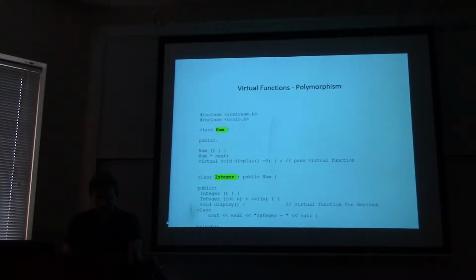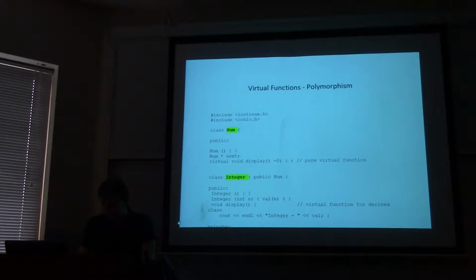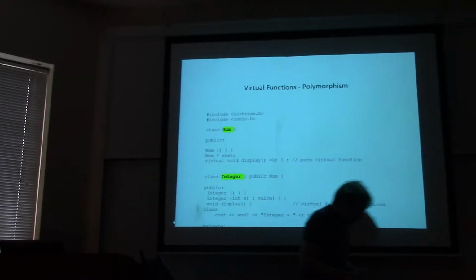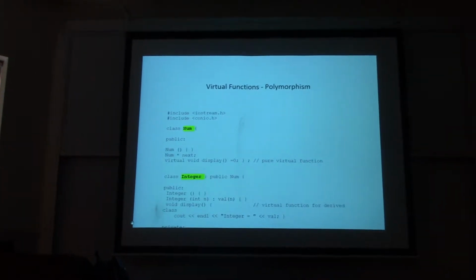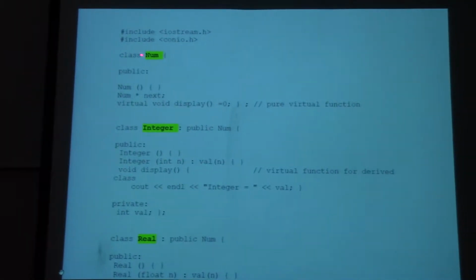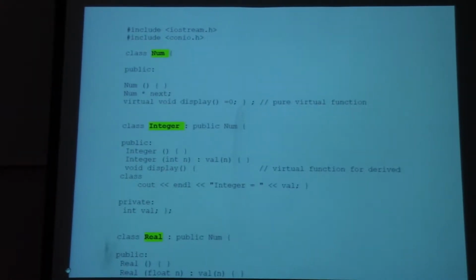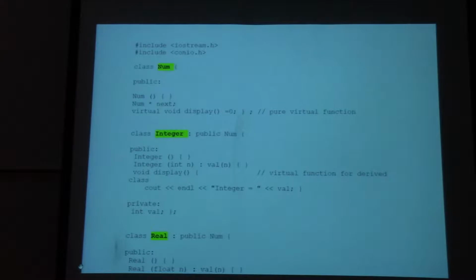We were talking last time about inheritance, and we were looking at pure virtual functions, and that's what we looked at yesterday, looking at this num class. If I asked you on a test, a multiple choice question, num is a what kind of class?